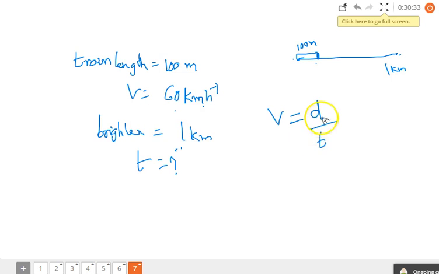Now we need time. Time is equal to distance by velocity. So distance will be 1 kilometer by velocity 60 km per hour. So 1 by 60 hours. That you can leave it.